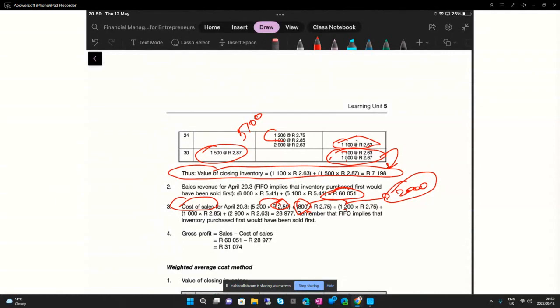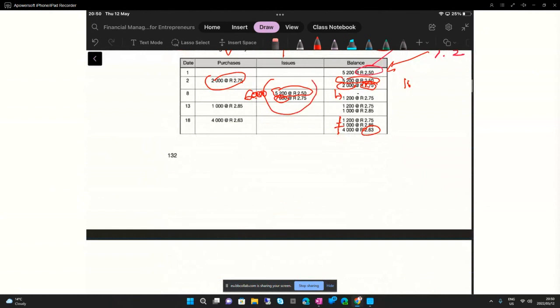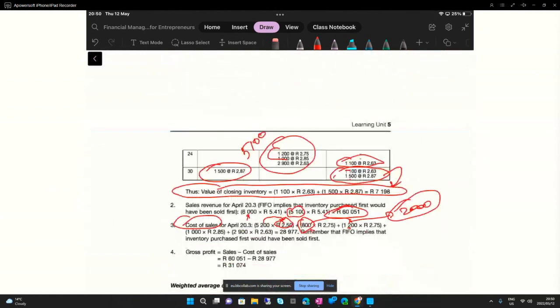They are tracking this 6,000, which is divided into 5,200 and 800. And they are also tracking this 5,100, as 1,200. So you need to take into account only this calculation that is in the issue here to find the cost of sales.